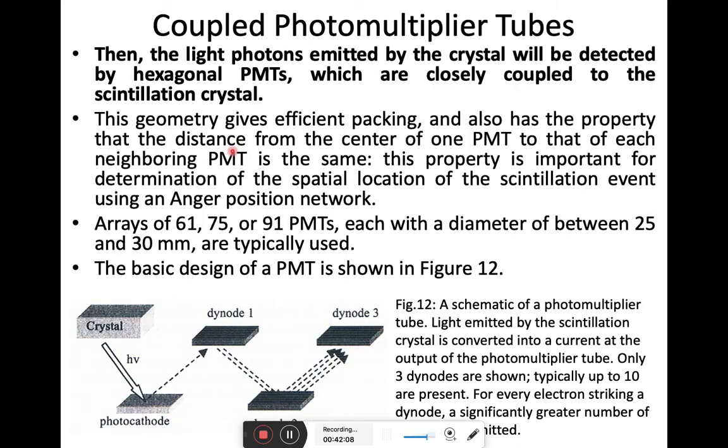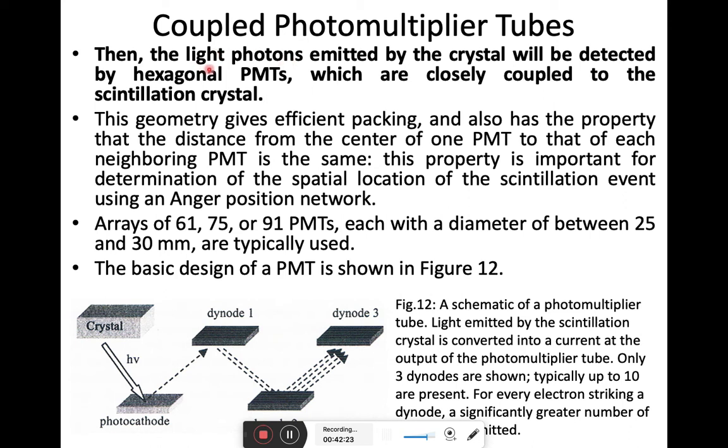I want to proceed with the next explanation on the coupled PMT, the photomultiplier tubes, PMT in short.